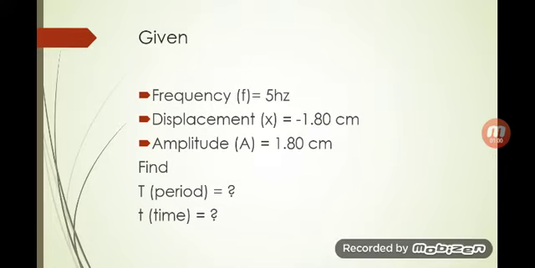Frequency, in hertz, denoted by f, is 5 hertz. Displacement, x, is negative 1.80 cm, and amplitude is 1.80 cm. First you have to find the period, then the time it takes.